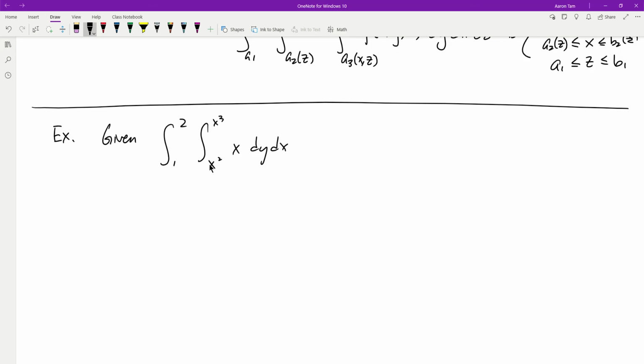Maybe I ask you to do the following. A, evaluate this integral. B, how about I sketch the regions of integration?